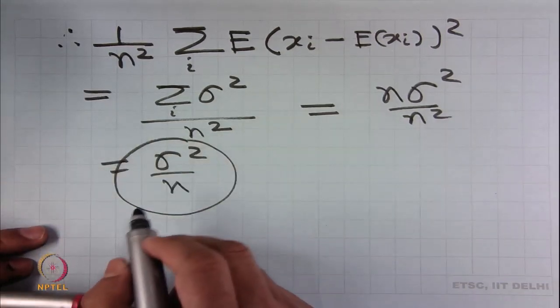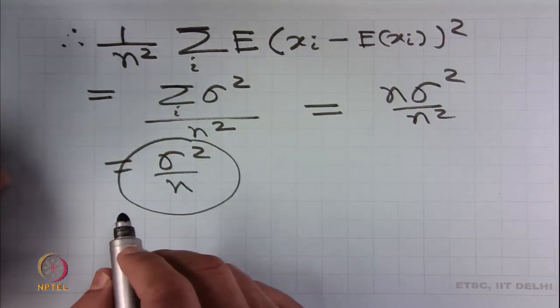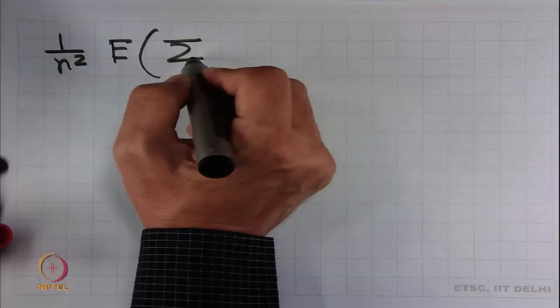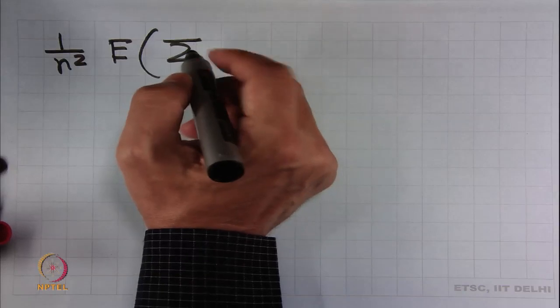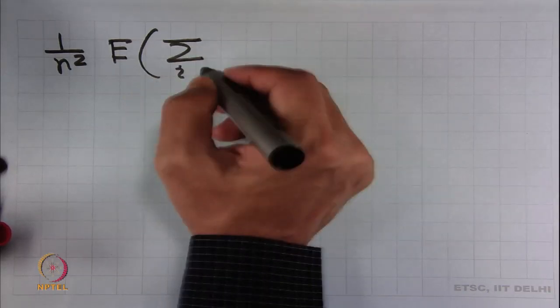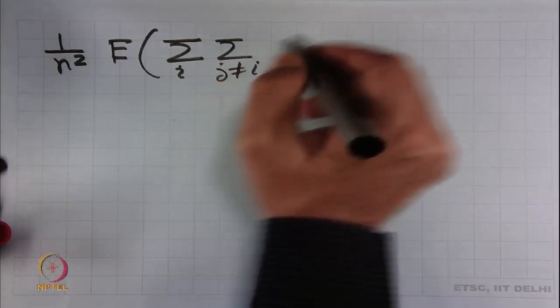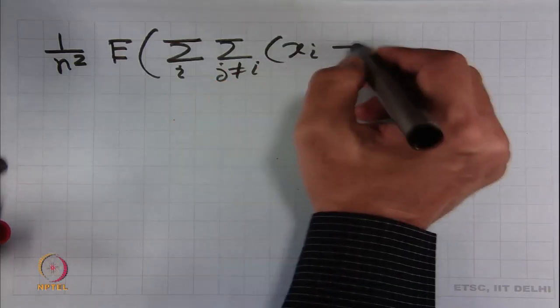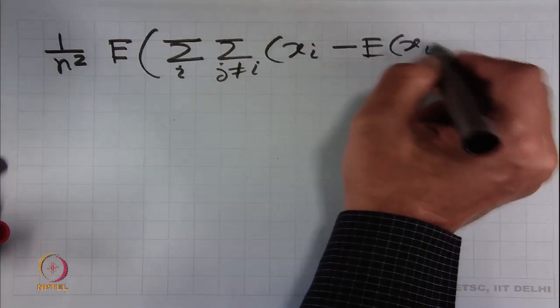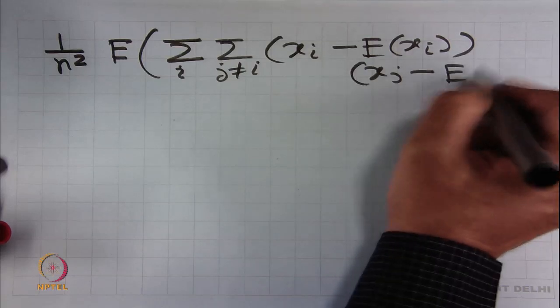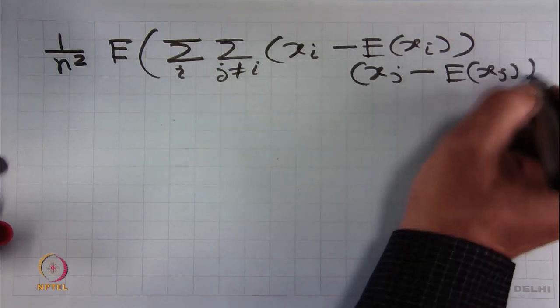So, that is the first part of the expansion. The second part is 1 by n square into expectation of sigma over i sigma over j not equal to i, xi minus expected value of xi into xj minus expected value of xj.